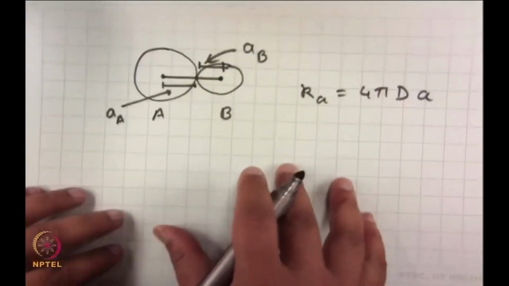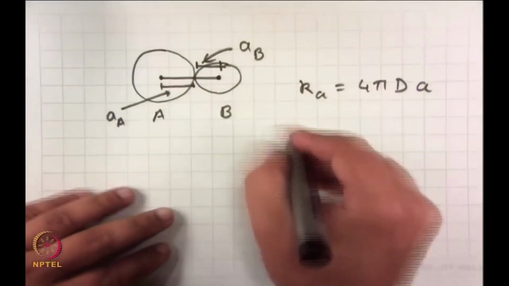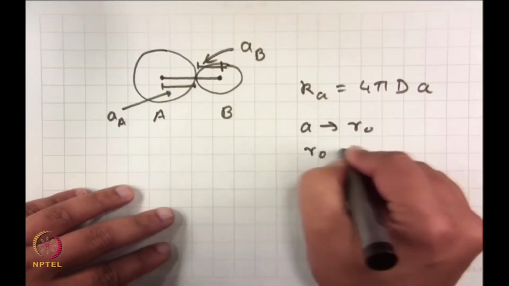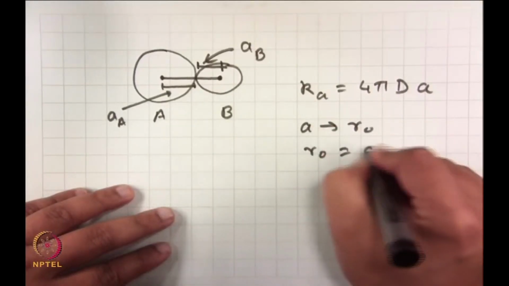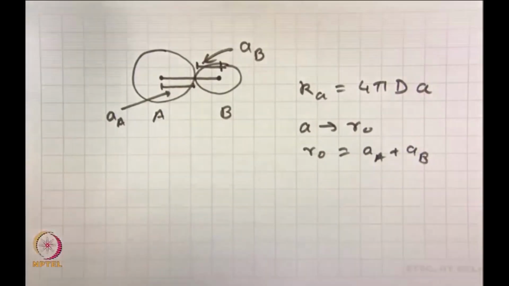I am saying that because both of the things are diffusing, I will write this A as R naught, where R naught will be equal to what? Tell me, A of A plus A of B, is not it? Because now protein B is not small with respect to protein A.